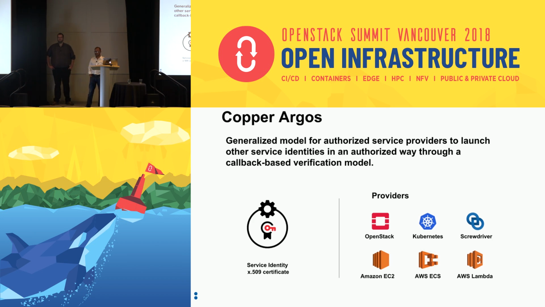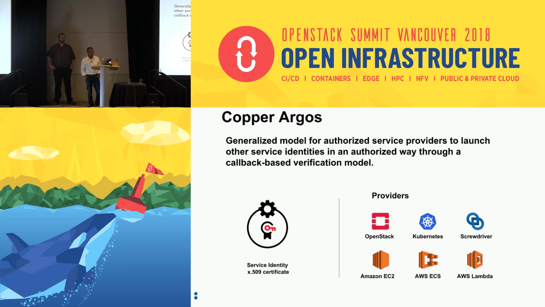We use Kubernetes for container orchestration. We use Screwdriver, which, if you're not familiar, is a CI/CD system that we also open sourced from Yahoo. And we use AWS for our public cloud needs. All these providers need a way to give X509 certificates to all their clients.